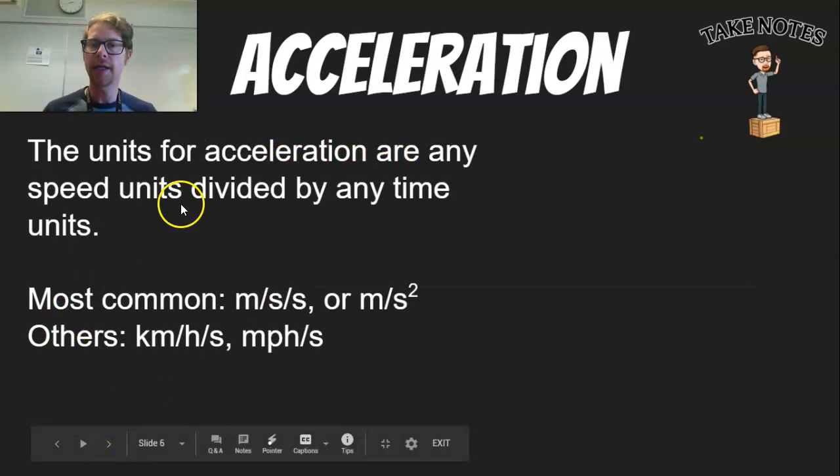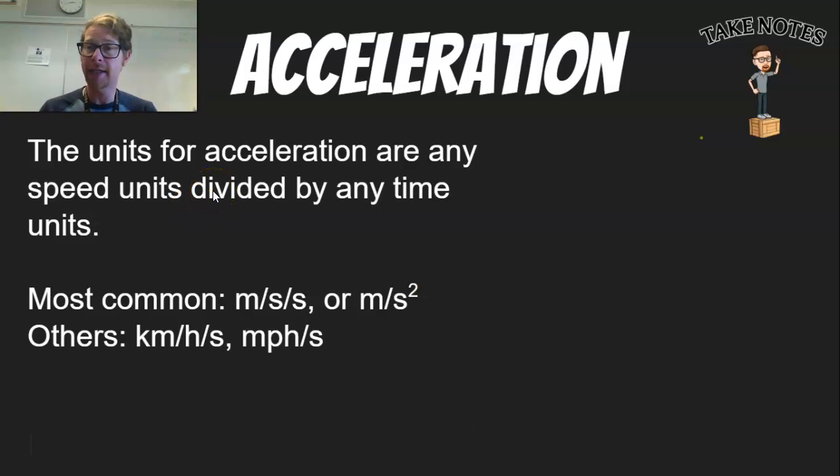Okay, the units for acceleration are any kind of speed units divided by any kind of time units. Commonly we would say meters per second per second. Sounds funny, like I'm repeating myself. For example, let's say I was going 3 meters per second at first, and I ended up going 5 meters per second, and it took me 2 seconds to make that change.